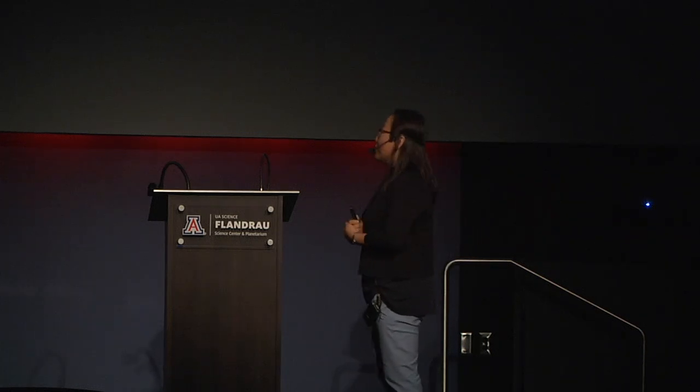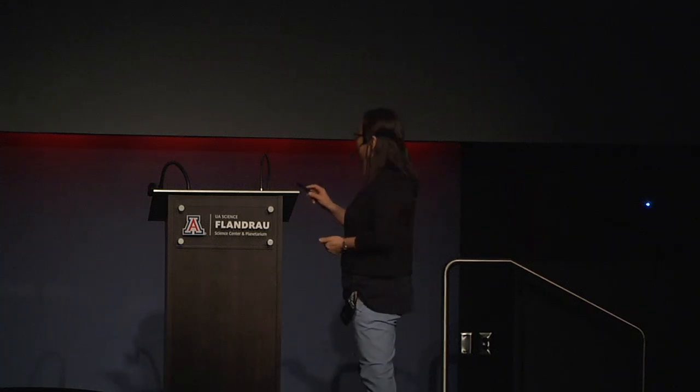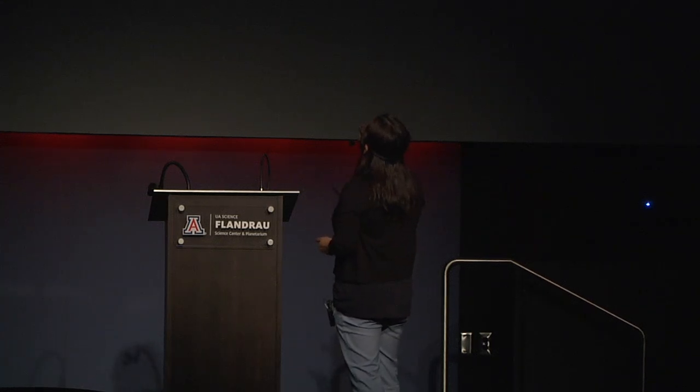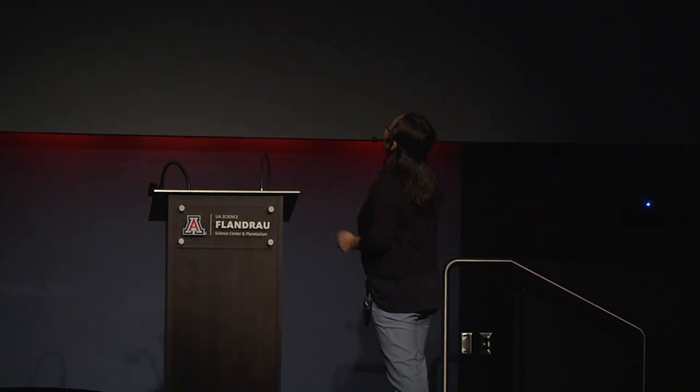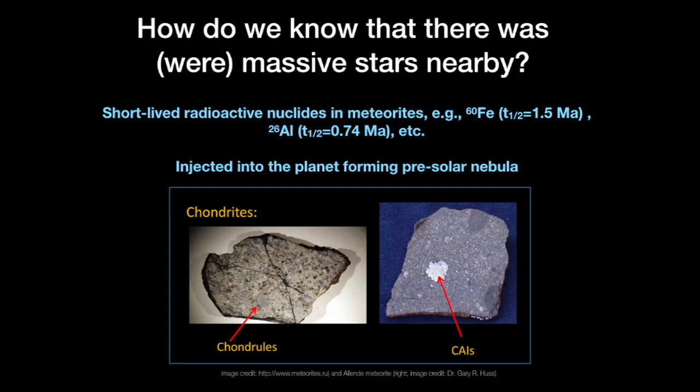It was formed 4.6 billion years ago. Our galaxy is 13.5 billion years old. We went around. It lost its cluster. It became kind of alone. But the solar system formed near massive stars, and that's what is suggested. How do we know that we formed near massive stars? That comes from short-lived radioactive nuclides in meteorites.